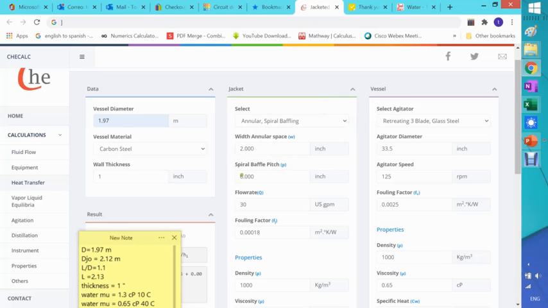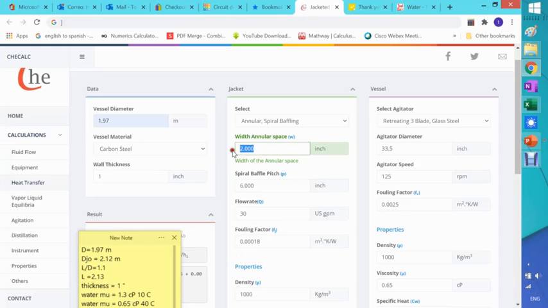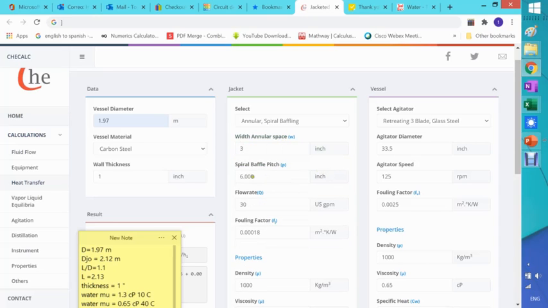Now more inputs pop up that I need to take care of, like the width of the annular space, which is about 3 inches. How about the baffle pitch?